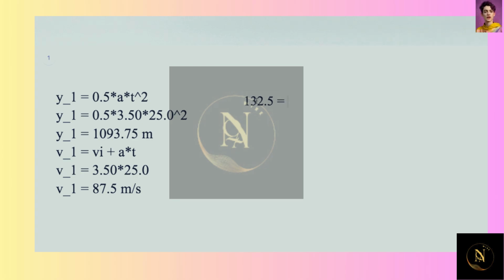Setting that equal to the final velocity after the first stage plus this new acceleration, and I should denote that there are 2 accelerations here, acceleration 1 and acceleration 2, times t, and t was 10 seconds. This gives us a second stage acceleration of 4.50 meters per second squared.